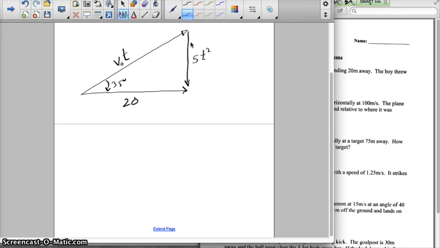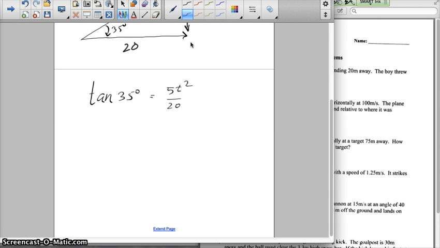No, I'm going to use tangent. You'll see why in a moment. Tangent 35 degrees is going to be 5t squared over 20, right? That means that 5t squared has to equal 20 tangent 35 degrees.